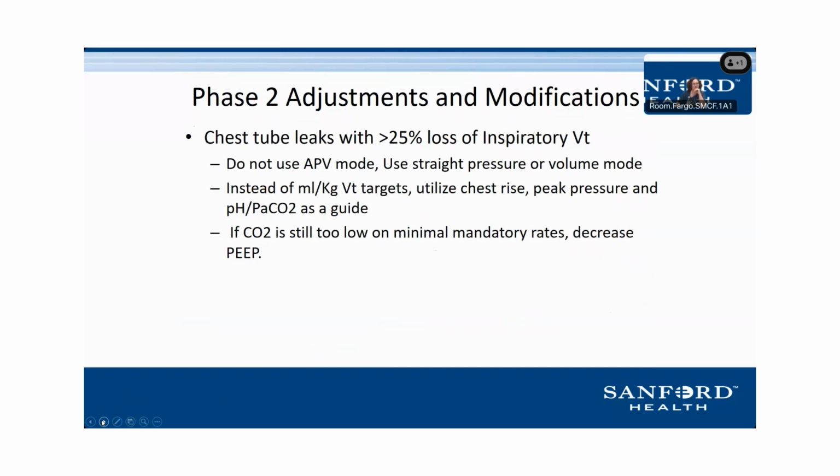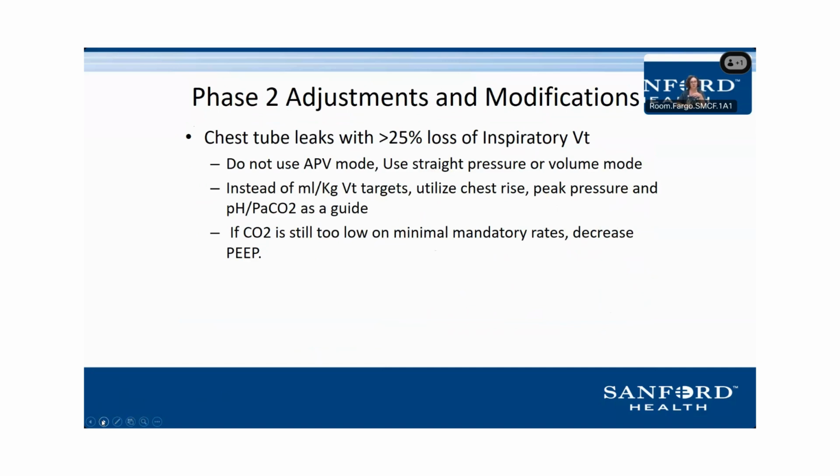One of the most challenging patients to ventilate is a patient with a huge chest tube leak, because that ventilator doesn't understand where all that volume is going. You're telling it, I want a tidal volume of 500, and the ventilator isn't getting that back from the patient. We're giving a big tidal volume in, it's going somewhere other than back to the vent, and the vent can get very confused by that.